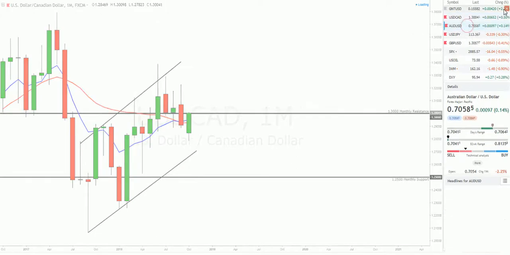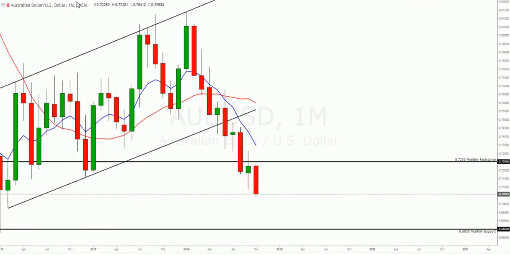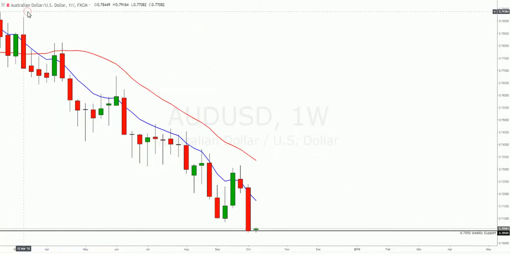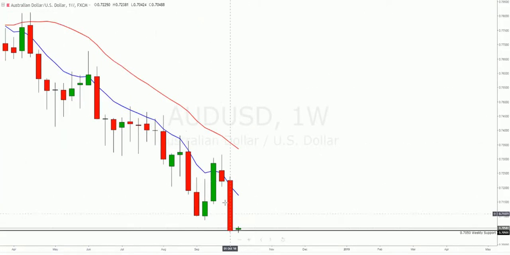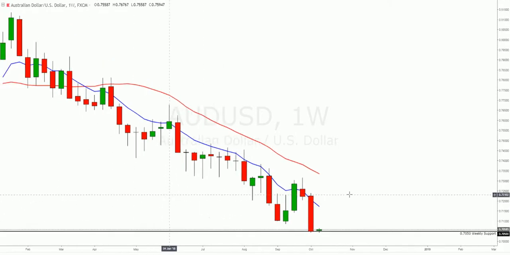So onto Aussie. Now, very bearish last week on Aussie dollar. Pretty much bearish all week. Bulls attempted upside here, failed at the exponential moving average and just mounted all the way to that 0.7050 weekly support level.